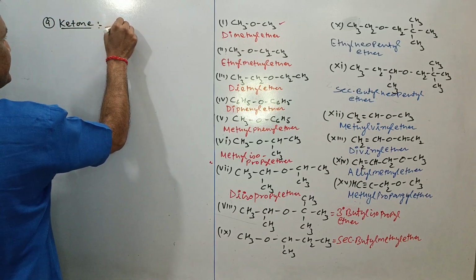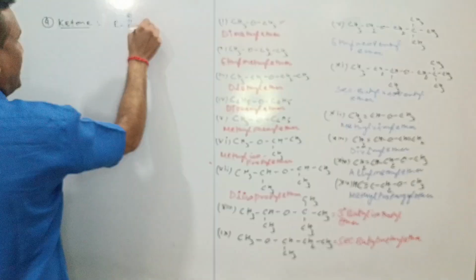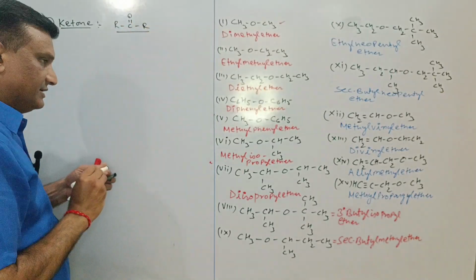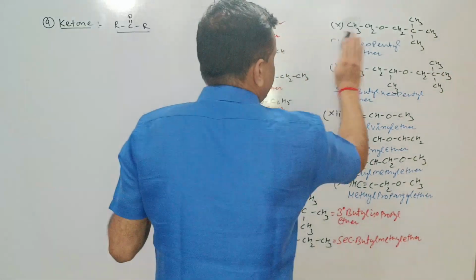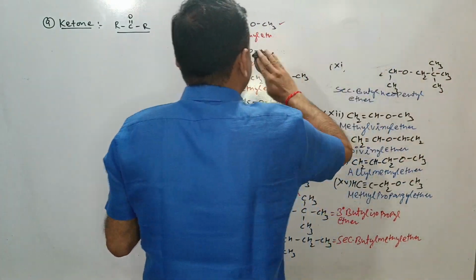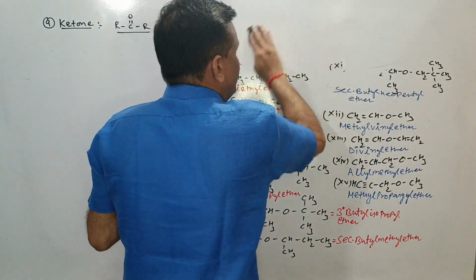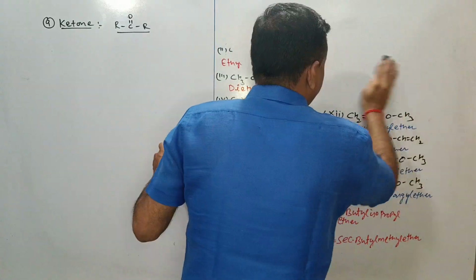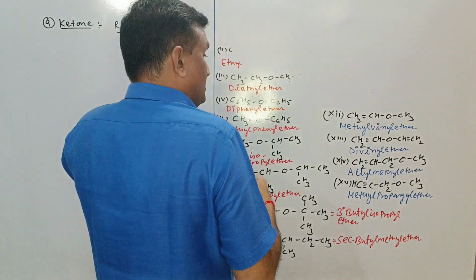The formula is RCOR regarding the ketone. If we go with the ketone, then there will also be 2 types of ketone: one as symmetrical and another as asymmetrical ketone.